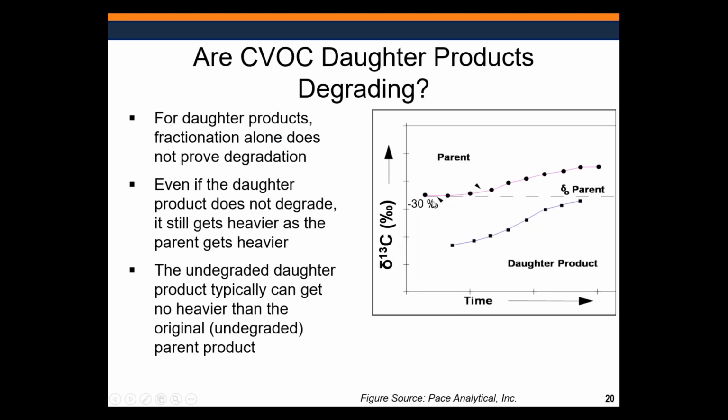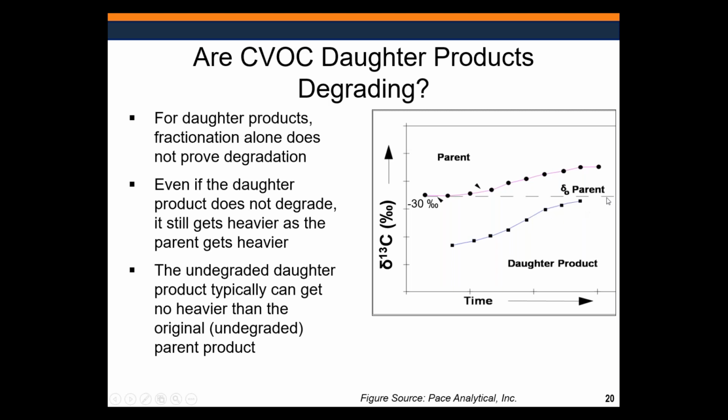In this case, for daughter products, let's just assume this is TCE going to cis-DCE, and there's no further degradation occurring of the cis-DCE. As my TCE biodegrades, it gets heavier, starting at -30 per mil. The problem is that the daughter product that's being produced from that is also going to get heavier, right? Just naturally, because this is being enriched, so the daughter's also being enriched.